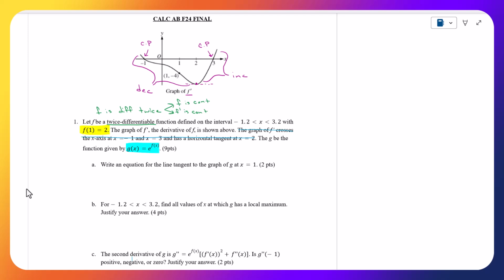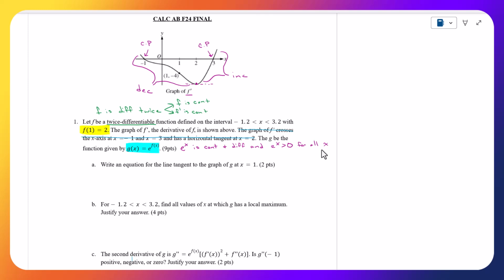And what we can tell, well, actually I take it back, it's not that we should know, it's that moving forward, we should know that e to the x is continuous and differentiable, and e to the x is greater than 0 for all x. All that we should know about e to the x.